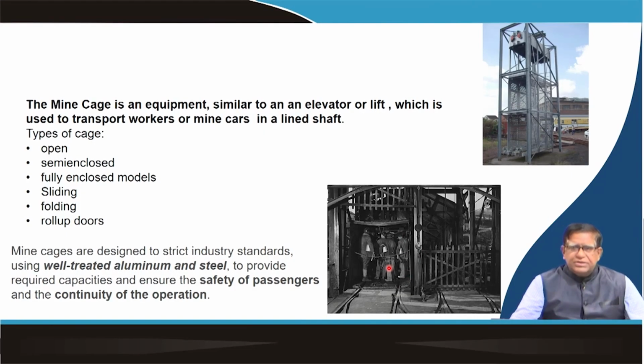All the mining engineers study this winding system and its safety arrangements very carefully, because this is exactly the lifeline of an underground mine. If the winding system is not working, you cannot produce.